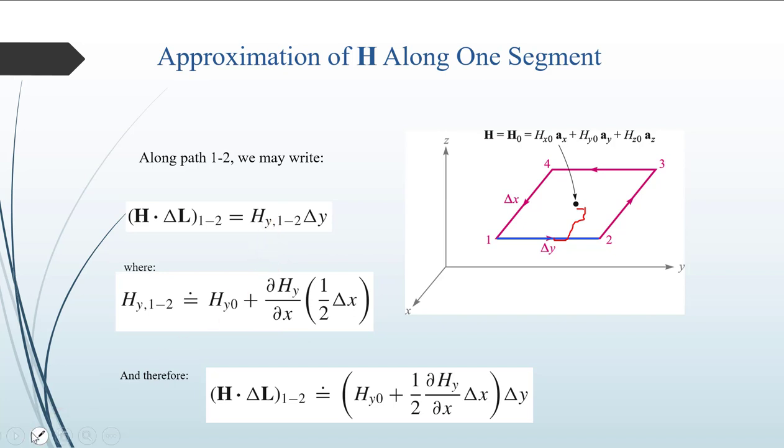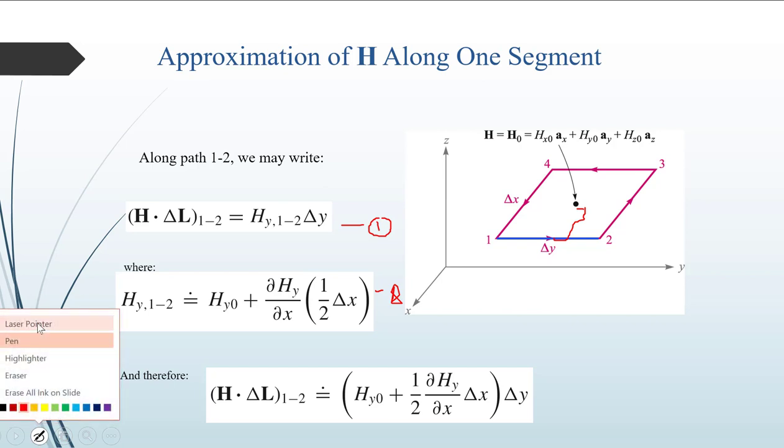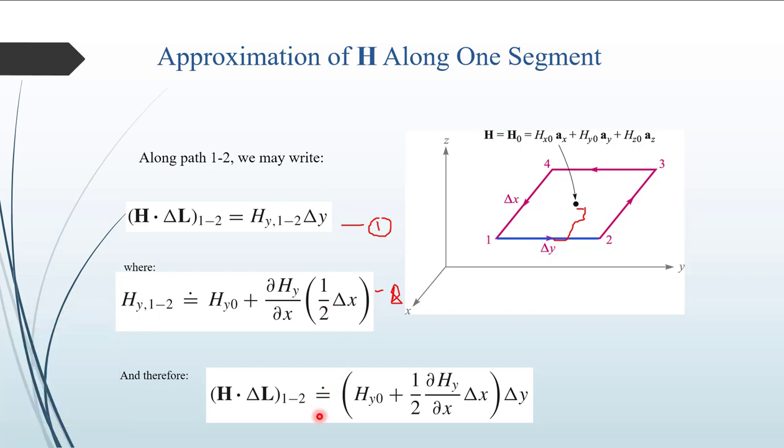Let us call the earlier expression equation number 1 and this one equation number 2. If I put equation number 2 in equation number 1, then I will get H dot delta L equal to this whole part multiplied by delta y.